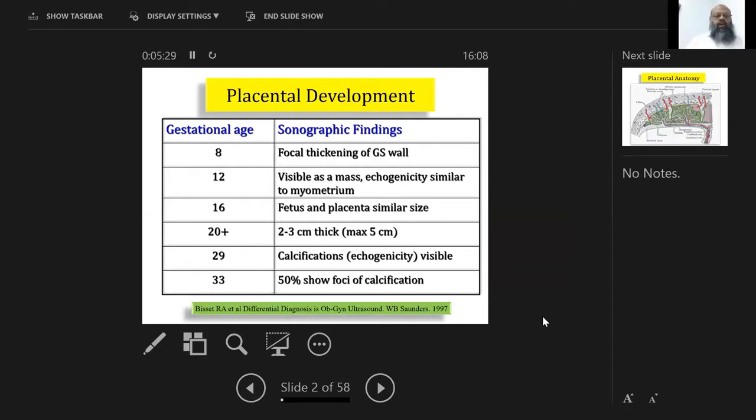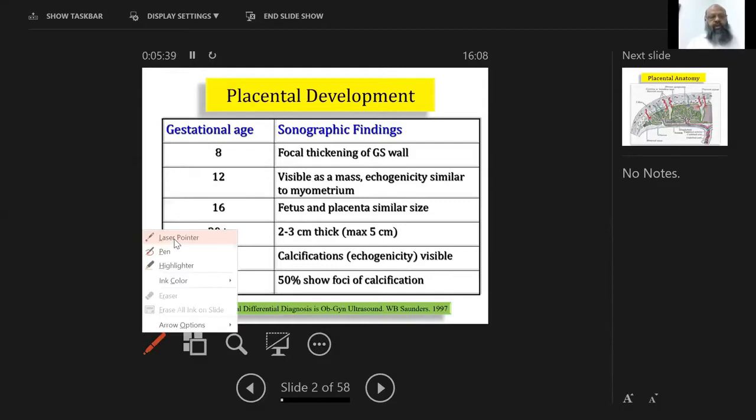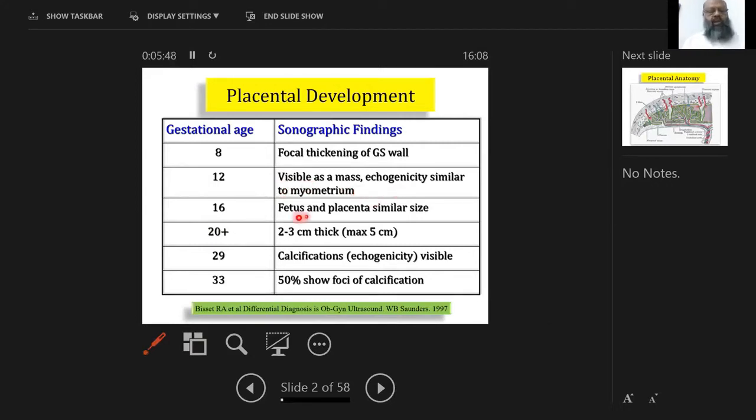At approximately 8 weeks of gestation, at ultrasound, we can see the focal thickening of gestational sac wall, and at 12 weeks, we can get a placenta which is visible as a mass, echogenicity similar to myometrium. Then at 16 weeks, we can get fetus and placenta of almost similar size. At 20 weeks plus, 2 to 3 centimeters thick, maximum will be 5 centimeters in thickness.